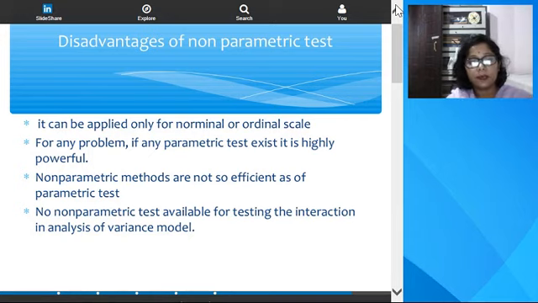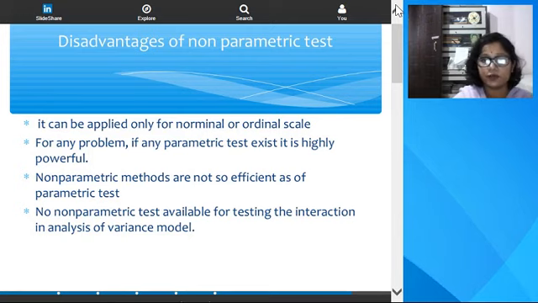Next, non-parametric methods are not so efficient as parametric tests, and no non-parametric test is available for testing the interaction in analysis of variance model. So they cannot go for in-depth analysis, they cannot go for further analysis of data.